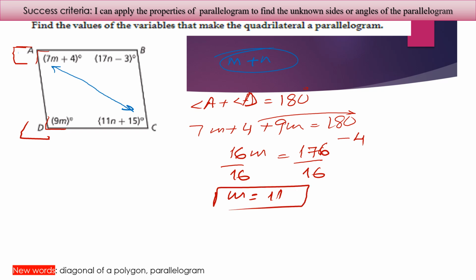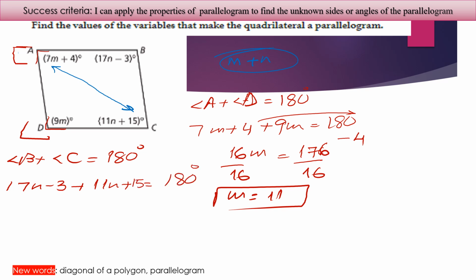Now similarly, angle B plus angle C sum up to 180 degrees. So I will write 17n minus 3 plus 11n plus 15 equals to 180 degrees. 17 plus 11 gives me 28n. Now minus 3 plus 15 gives me 12, equals to 180. Bring the 12 here, it gives you negative 12.